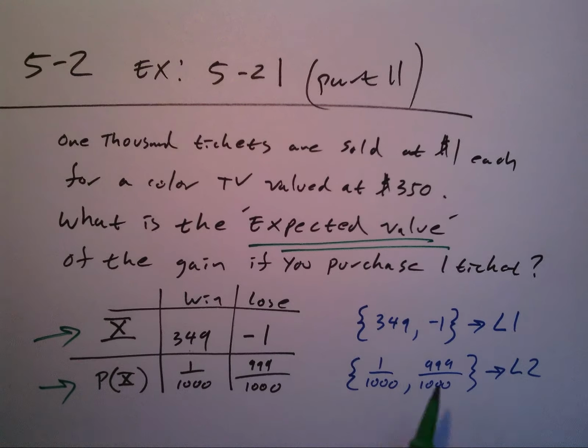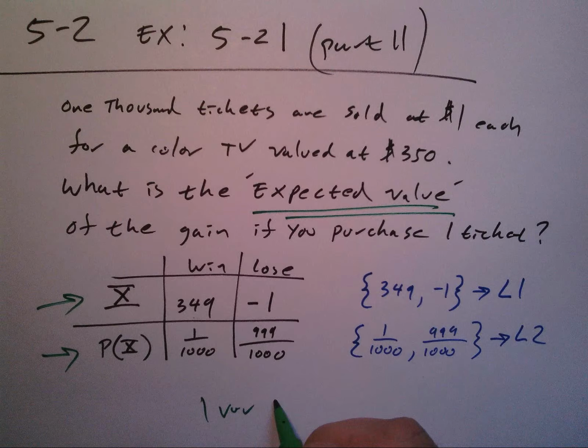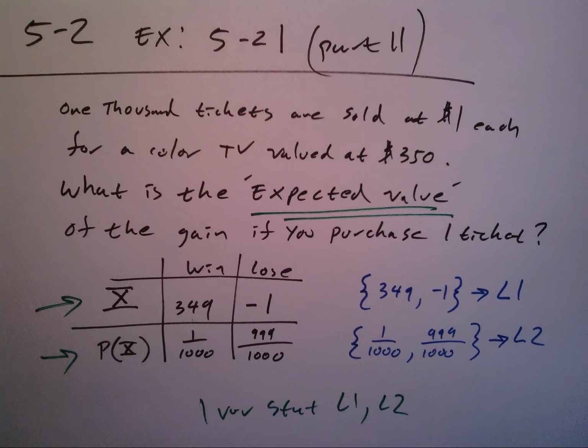I'm going to store those to L1 and L2, and then I'm just going to use 1-Var Stats L1, comma L2. Let it do the work for me, and then the mean is going to equal my expected value, which is abbreviated E of x, for my set.